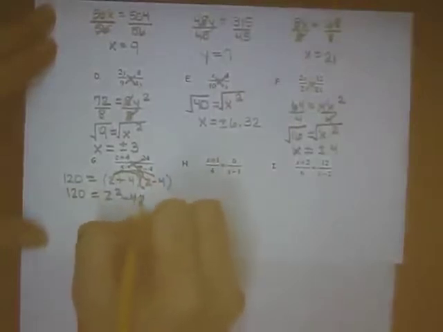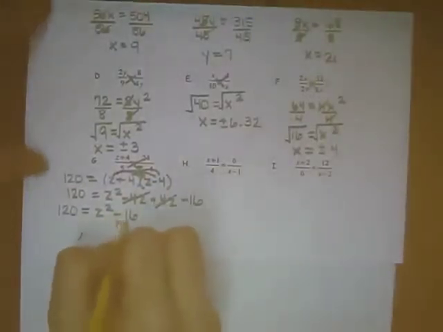We keep the 120 there. On this side we have z squared minus 4z plus 4z minus 16. If we continue, the plus 4z and the minus 4z will cancel. We are left with 120 equals z squared minus 16.